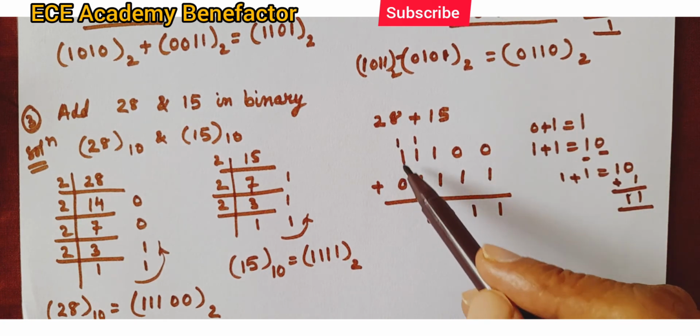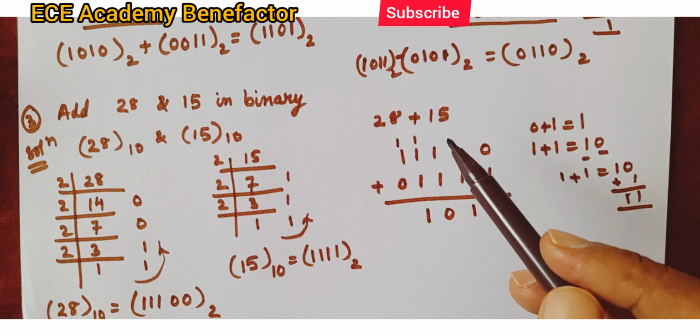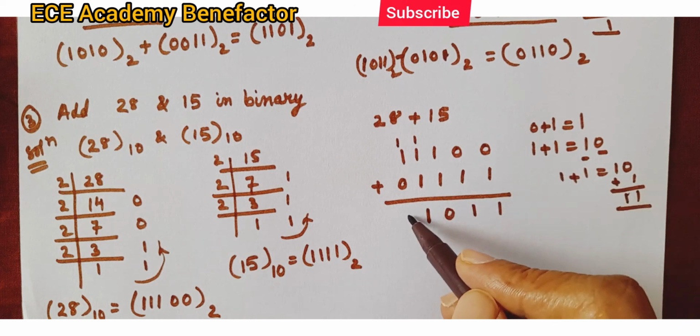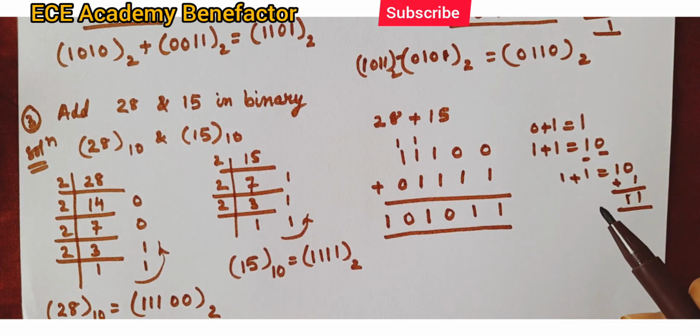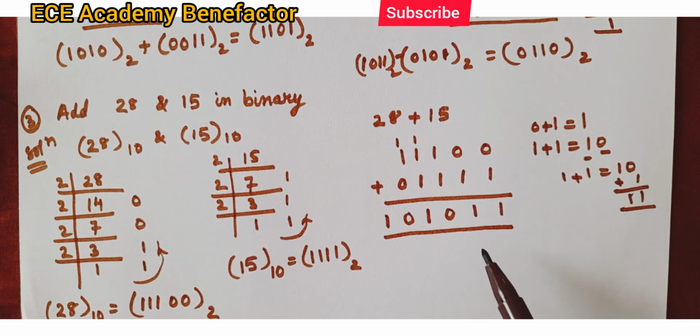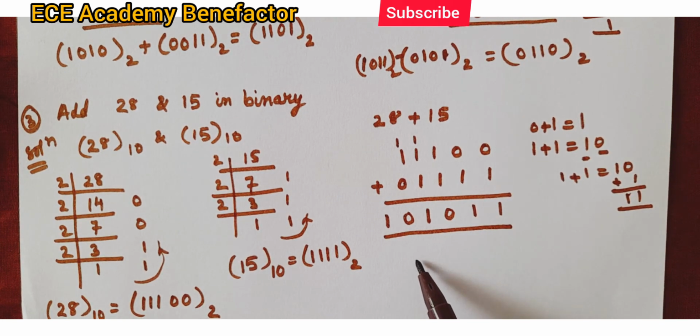So 1 plus 0 is 1, and with this one it becomes 10, like this. Okay, so what is the answer?